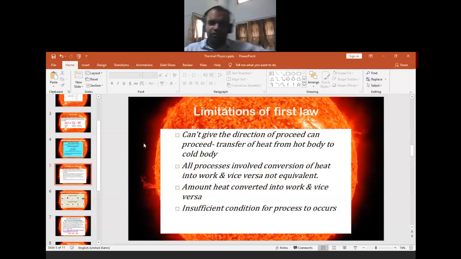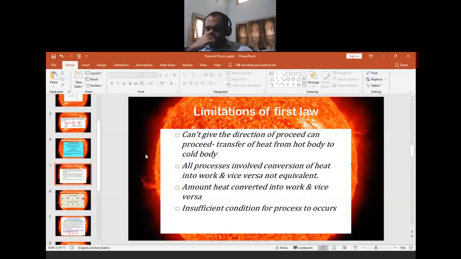Whether we have to do some work to make heat flow, or a body can spontaneously pass heat from high temperature to low temperature, or low temperature to high temperature, cannot be explained by the first law of thermodynamics.